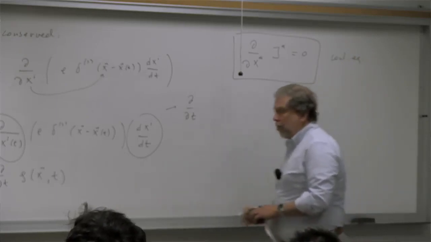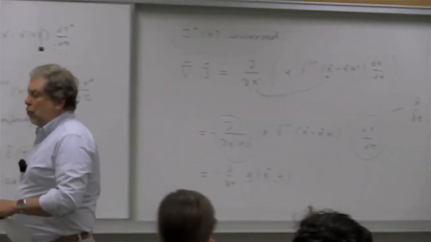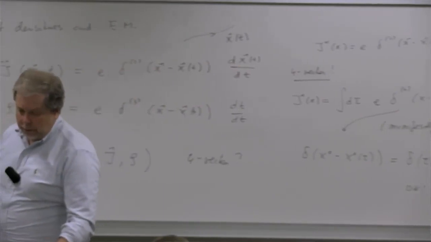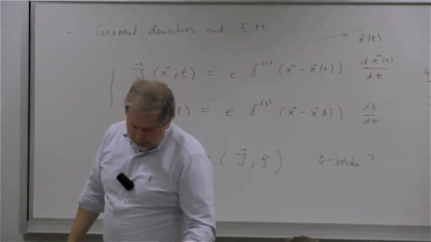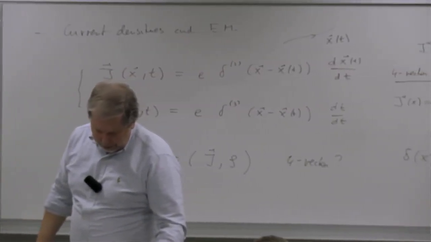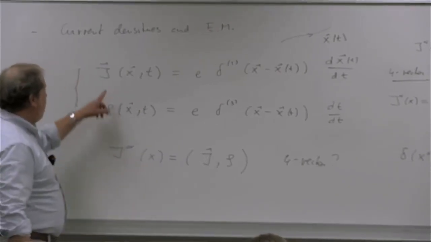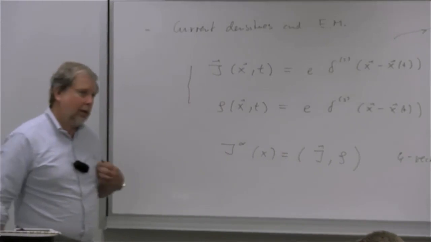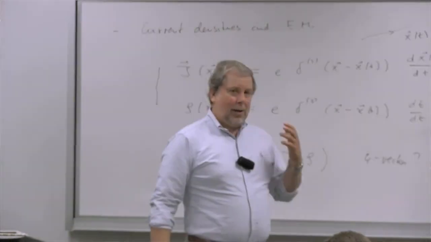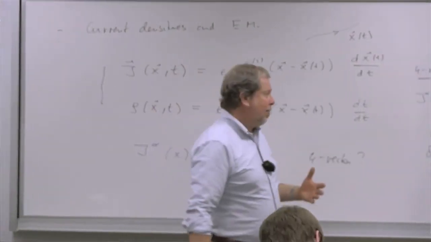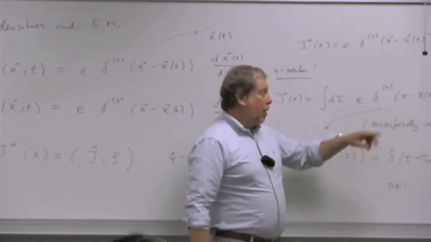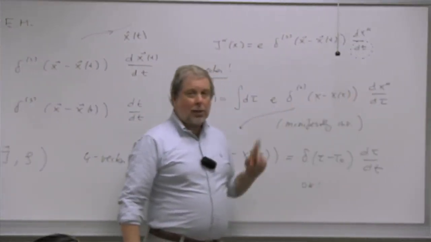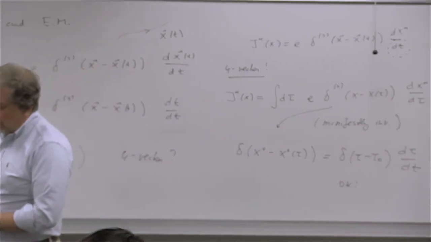So we've been able to prove that for a single particle that is described by a current density and a charge density, the way we just did it here, that current and charge density can be grouped together in a 4-vector, and it is a genuine 4-vector. It is manifestly invariant because it can be written in terms of 4-vectors and scalars, and also it is conserved.